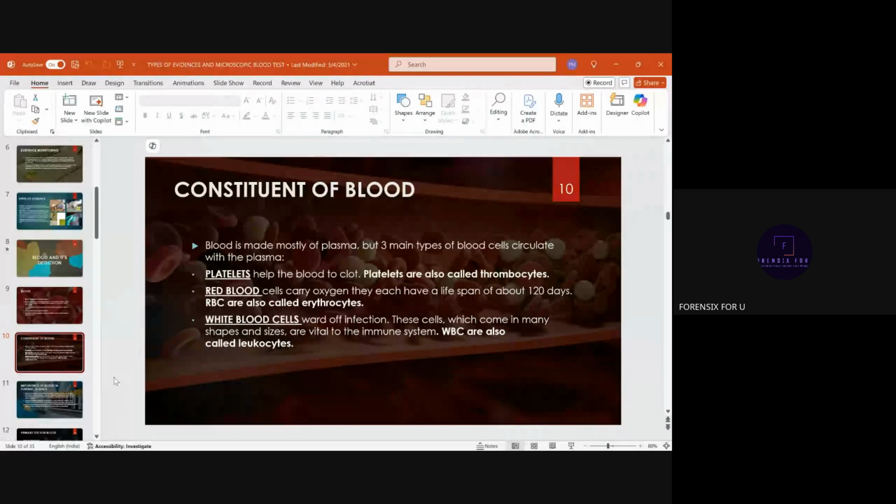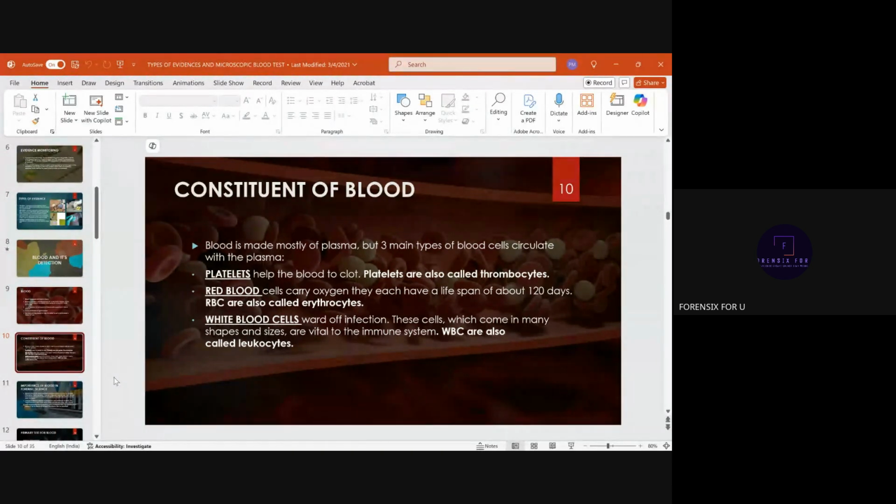So the very interesting aspect of blood and its examination and its further DNA examination is that the RBCs are non-nucleated. There is no nucleus in the RBC. And as you know, the DNA is present in the nucleus. So at any point of time, do not think that liquid blood is the best source of DNA.